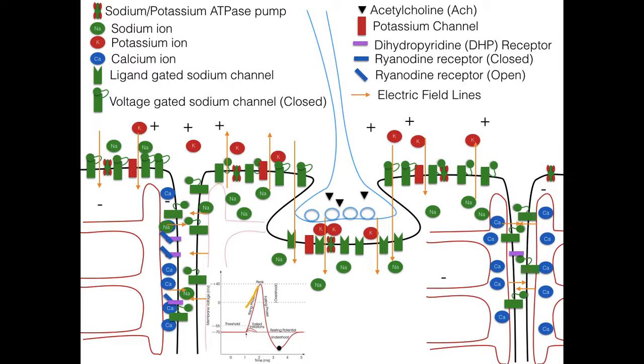During this time, when the membrane is overpolarized, the nerve, or the muscle, can't be stimulated again. This is called the refractory period. The nerve can't be re-stimulated until it basically resets itself.